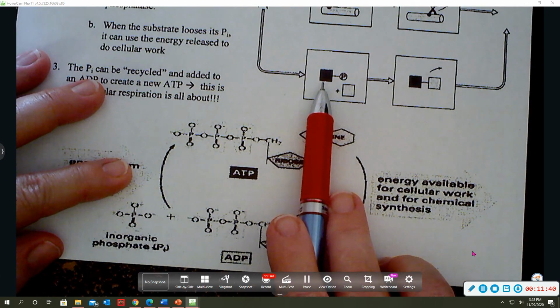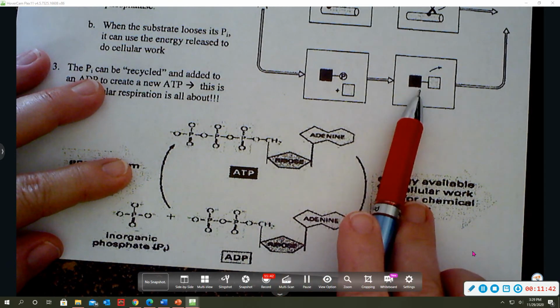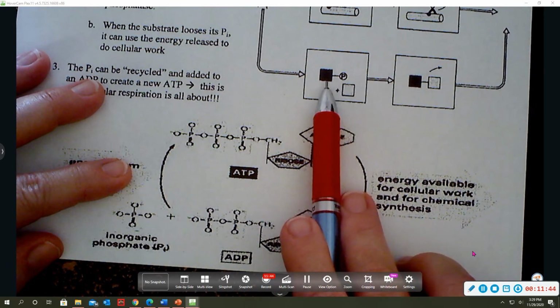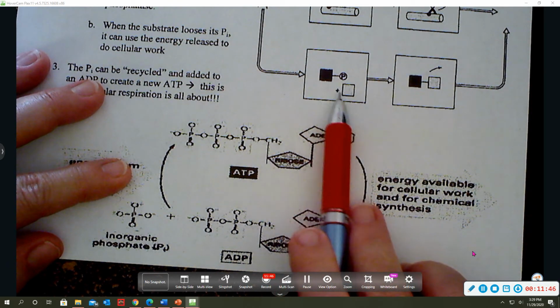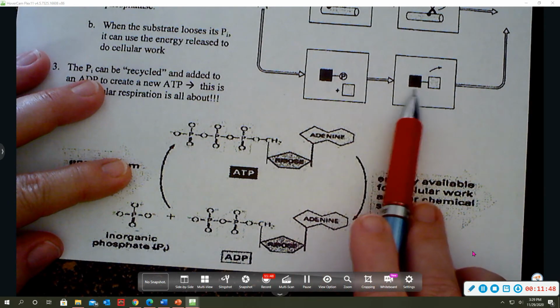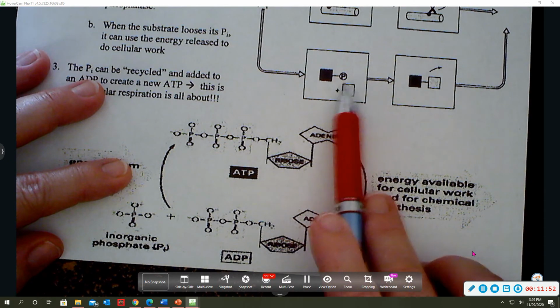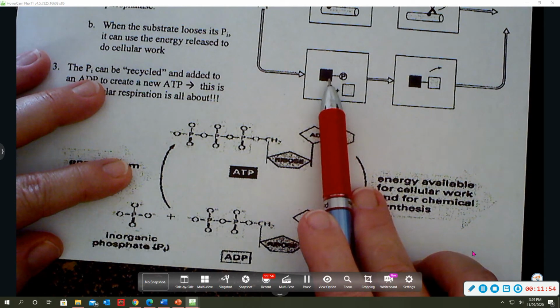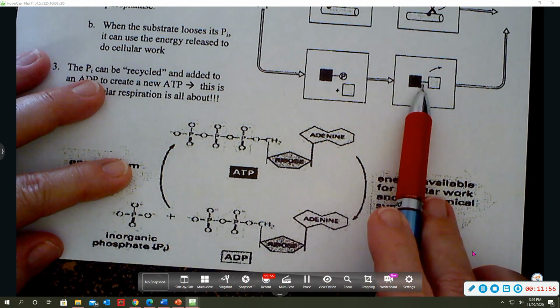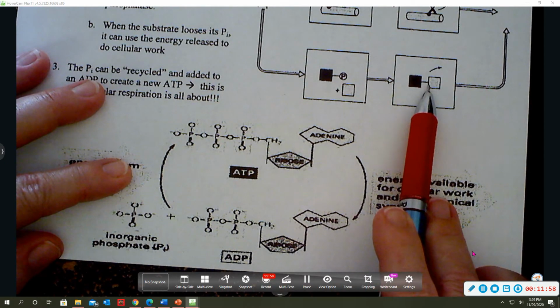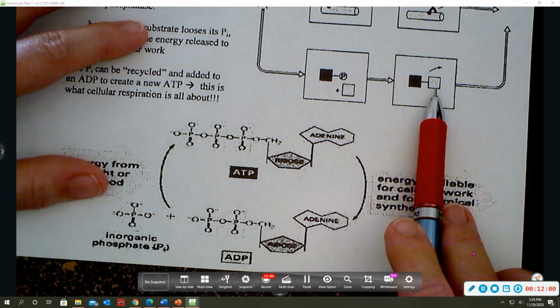Maybe this is 2 simple sugars and we want to make a disaccharide. So if we phosphorylate this, it'll energize it and then allow that bond to occur, because when this P gets dropped, energy is released so that this bond can be completed. Now we have a disaccharide.